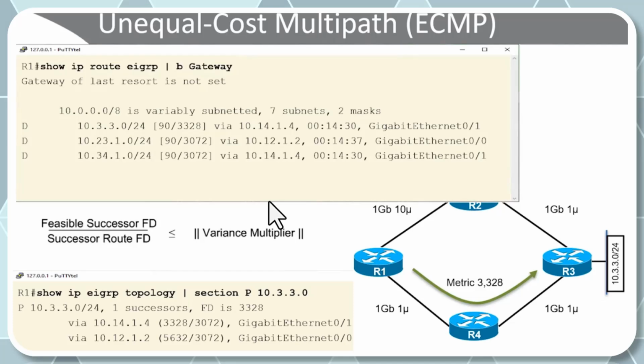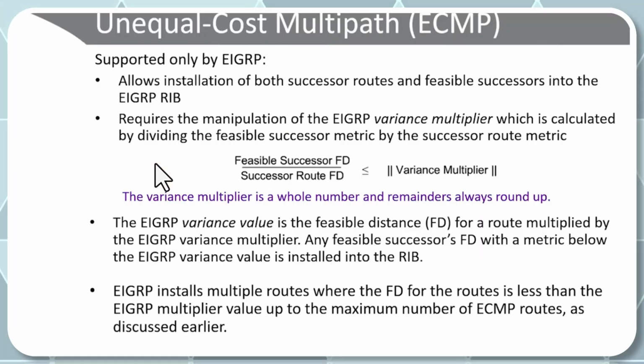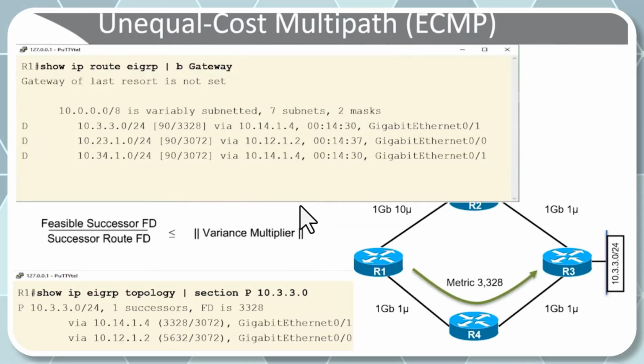So there are two things we have learned here: feasible distance and reported distance. And here's the formula: feasible successor FD and successor FD. If we carefully see from here, 903328, 903072, 903072. Obviously it will try to go via this path, but you also want it to go via this path as well.